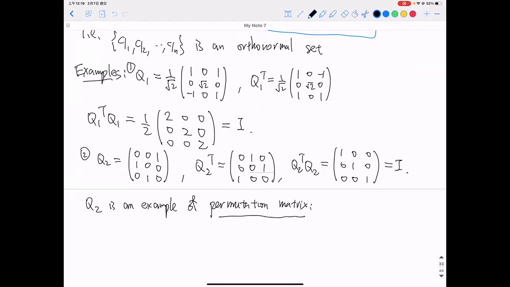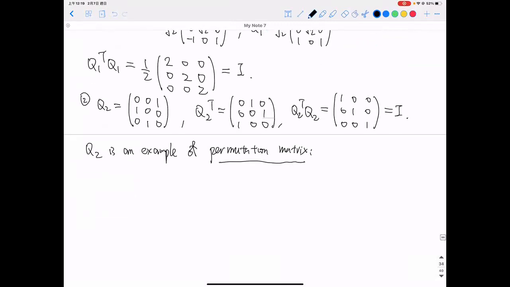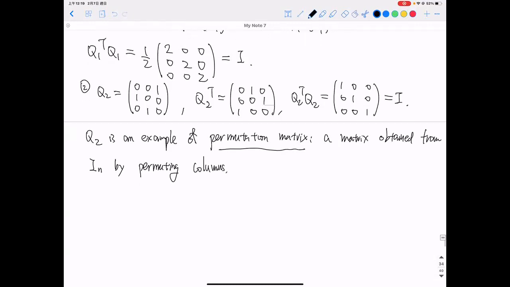Okay, so what is a permutation matrix? It is a matrix obtained from the identity matrix of certain size by permuting columns. Right.